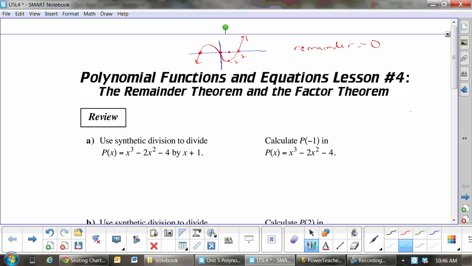See, 1 is not a factor, but it still gives me a point on that graph. So this is the remainder when x equals 1. So that would be the point (1, -2).